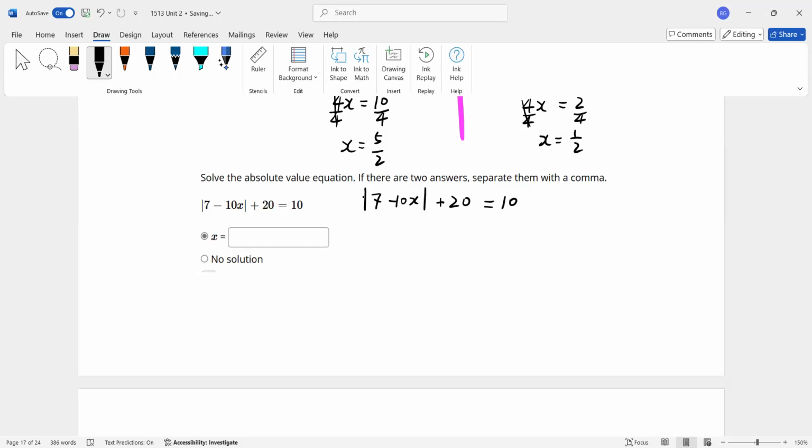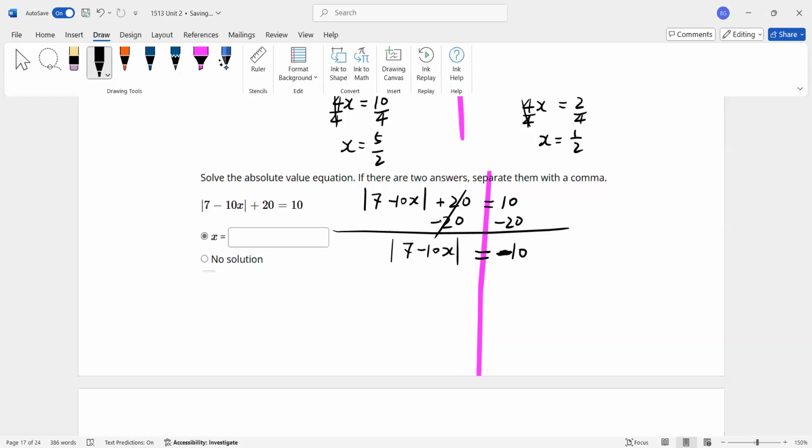Okay, we're going to peel the onion. Minus 20. You're going to remove this layer. Then we have absolute value of 7 minus 10x, finished absolute value, equals 10 minus 20, -10.